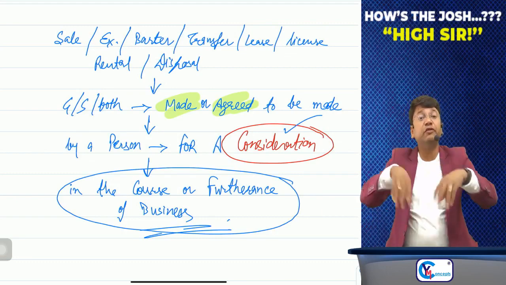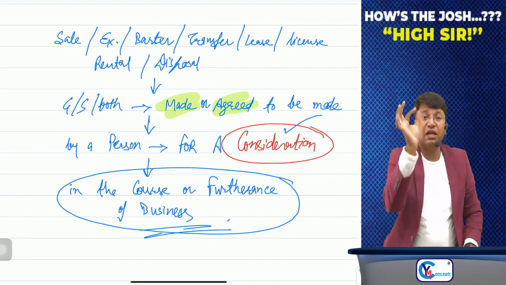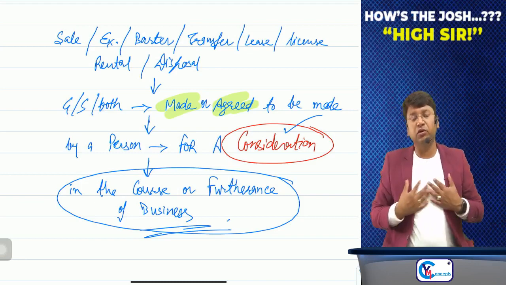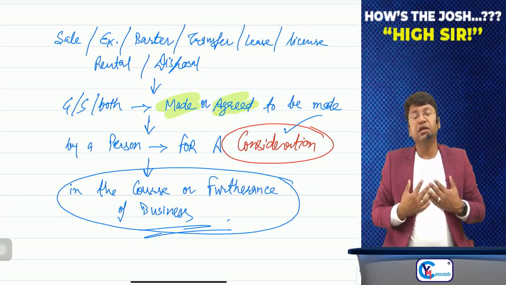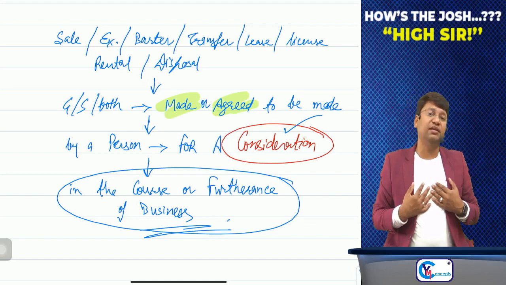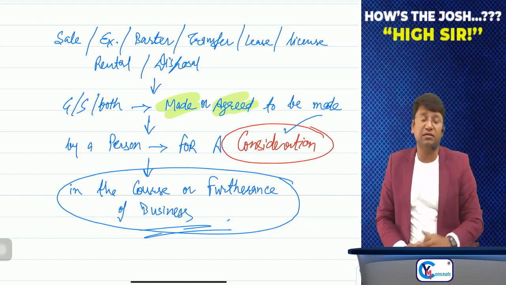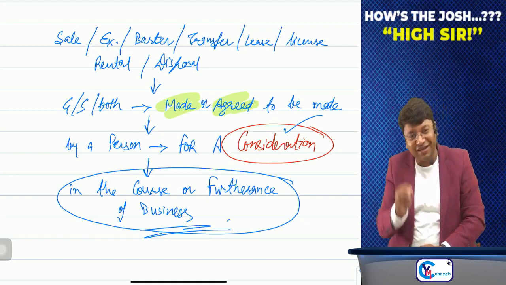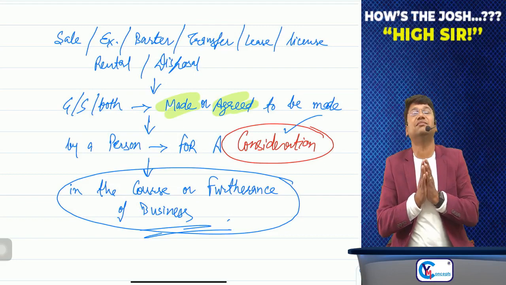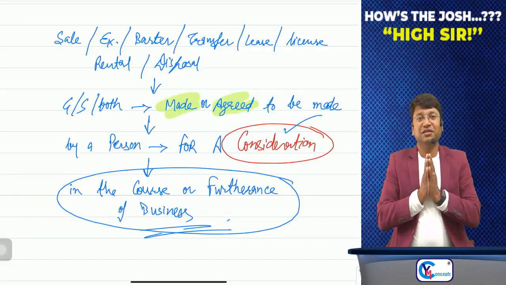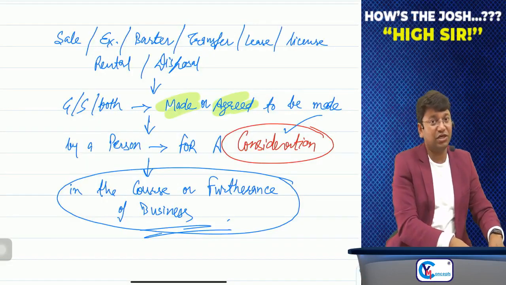Sir, supply should be for a consideration, then only it will be supply. Sir, the best example. Suppose you have donated some money for charity or in any temple. Sir, are you giving any consideration to God, that God, this time result should be positive?